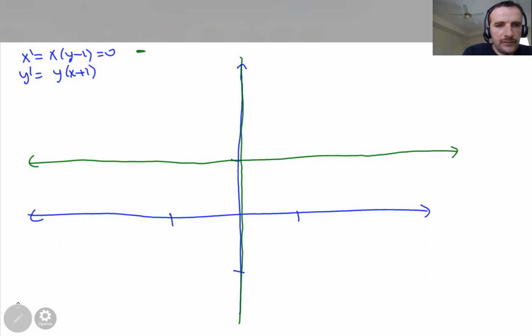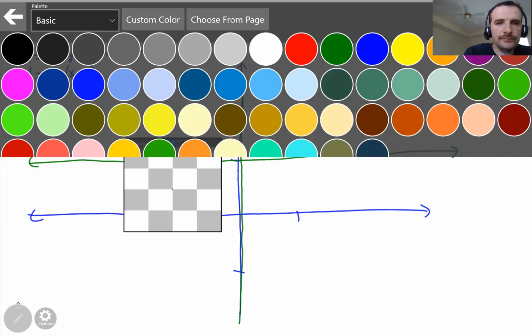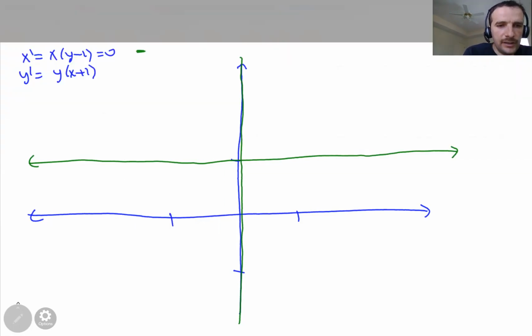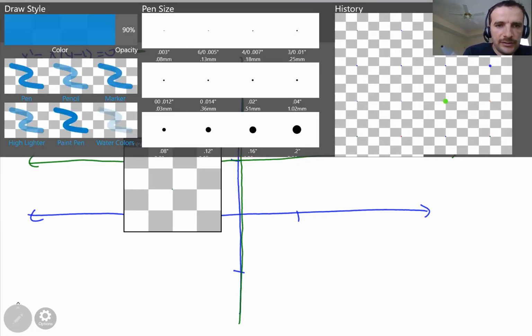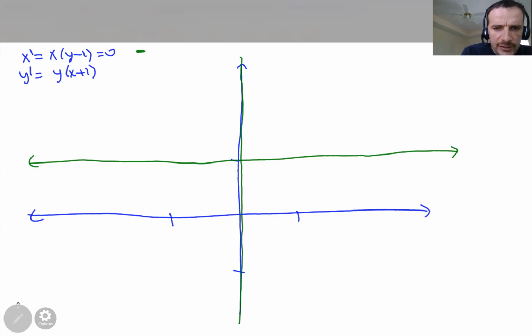And what about the y nullcline? Again, I have set equal to 0. Let me pick another color for y. Anyway, so y is equal to 0 and x is equal to minus 1. Y is equal to 0 is that.